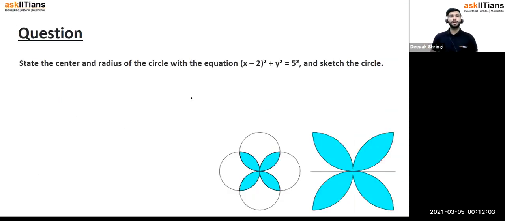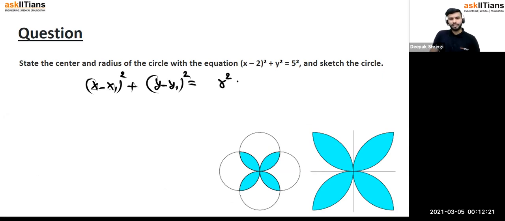Look at this question now. State the center and radius of the circle and sketch the circle. This is very simple. I just told you that this is the equation of the circle, so just compare these two. Over here x1 is 2, y1 is 0, and r square is 5 square.